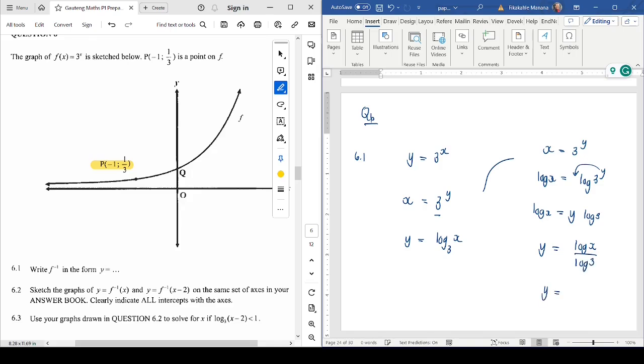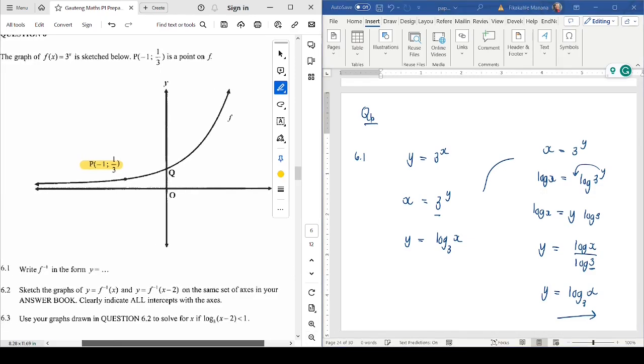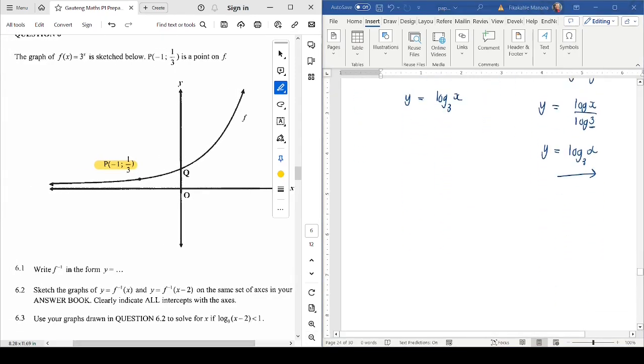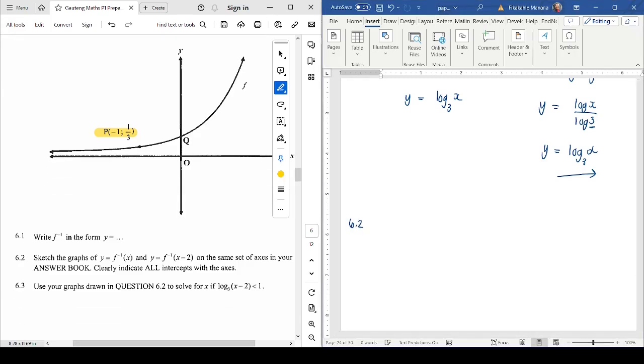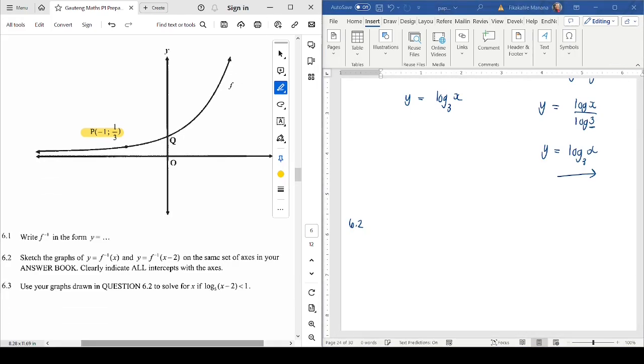And as such, finally you can say log base 3, as it is at the bottom, x. Right, and that should probably be 1 mark. Yeah. Now 6.2, it says sketch the graphs of f, the inverse of f, as well as the inverse which is shifted 2 units to the right on the same set of axes in your answer book.